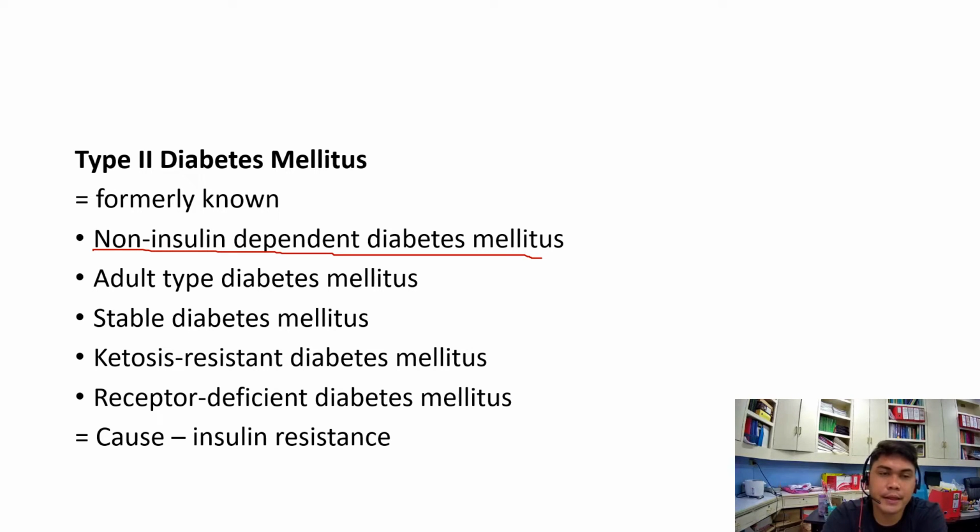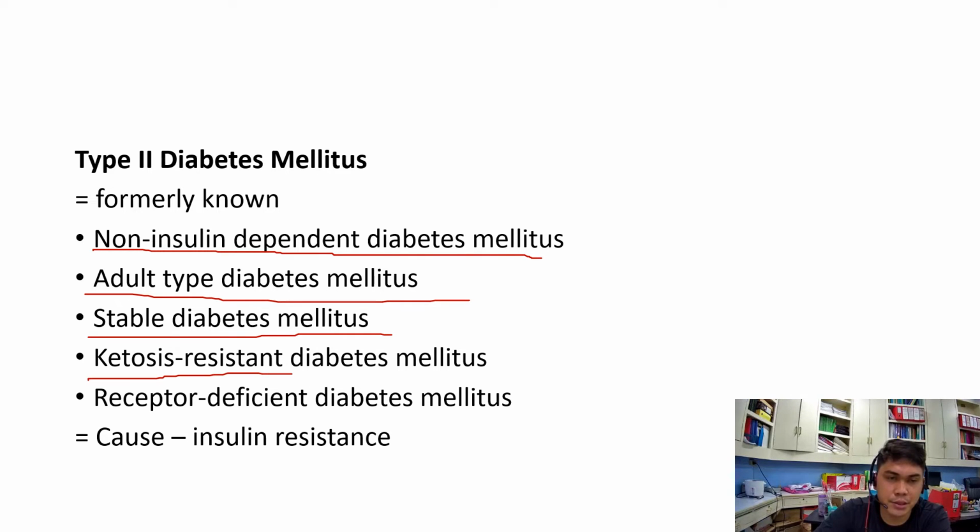The next is adult type diabetes mellitus. Adult type because it's common in adults, but nowadays there are children with type 2 DM because of lifestyle. Next, stable diabetes mellitus, ketosis resistant, but there are cases of type 2 DM that will develop ketosis or ketoacidosis.